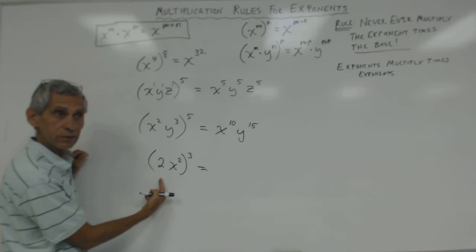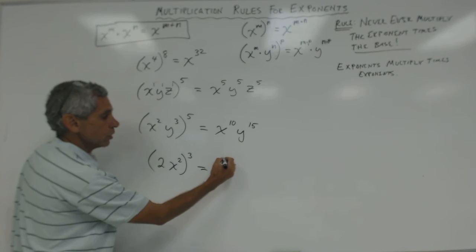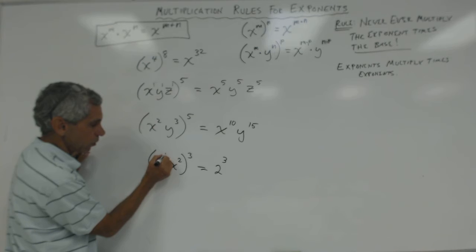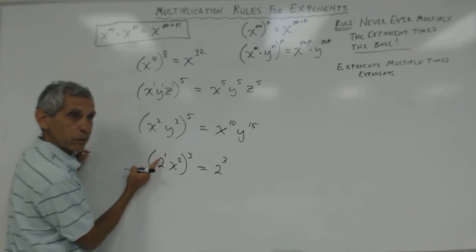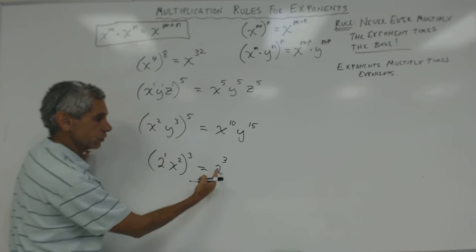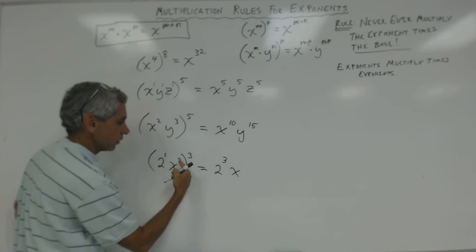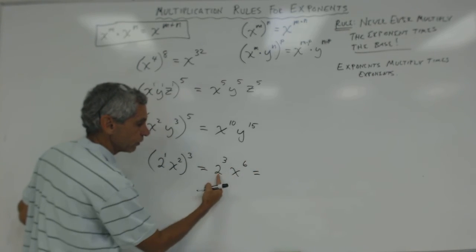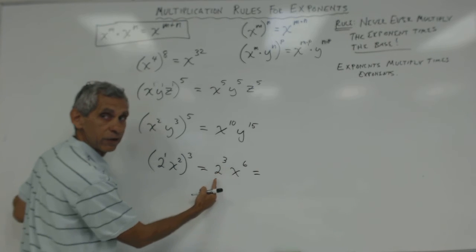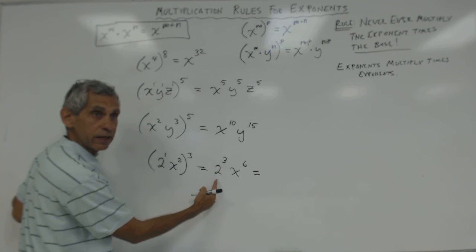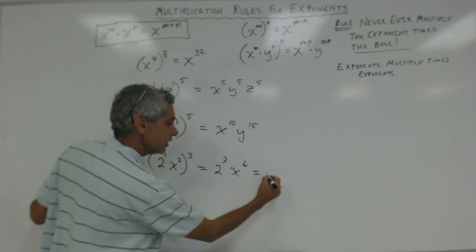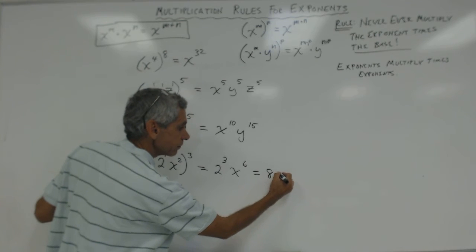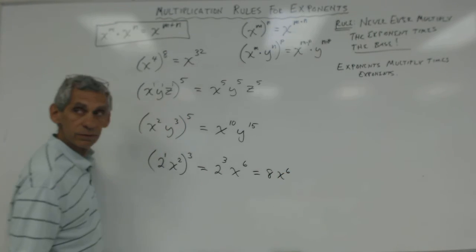Does that make sense? Therefore, 2 cubed, because I'm multiplying the 1 exponent on the 2 times the 3, so it's 2 cubed, x to the 2 times 3, 6. And if it's easy to figure out, I'll go further. If it's not, I'll just leave it with an exponent. But if it's easy, then I'll just say that's 8x to the 6.